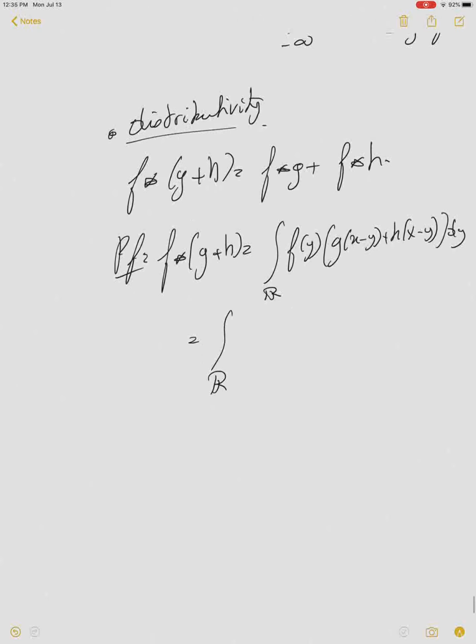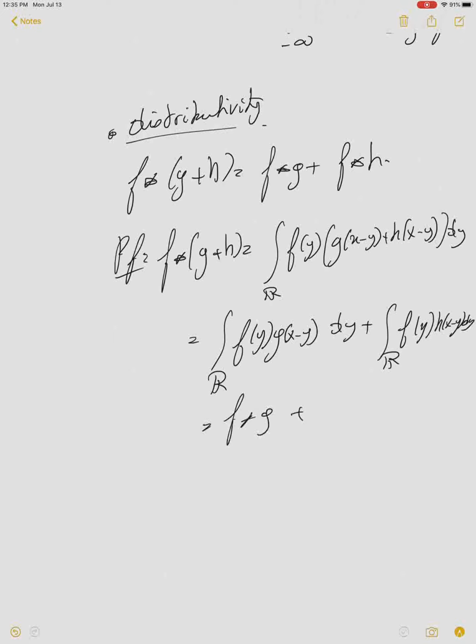So this is the integral over R of f of y g of x minus y dy plus the integral over R of f of y h of x minus y dy. And this is f convolved with g plus f convolved with h.